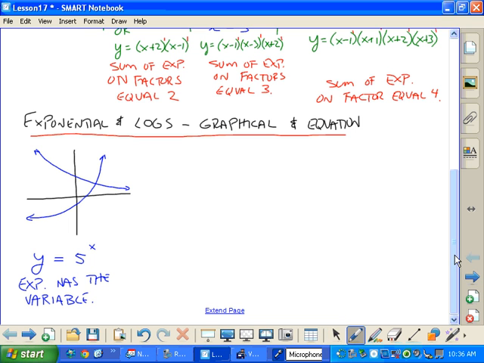And then similarly with the logarithmic, this one looks like, all right, so we come up here, so it could look like that, or it could look like that. It approaches the y-axis, and we talked about properties of logarithms.